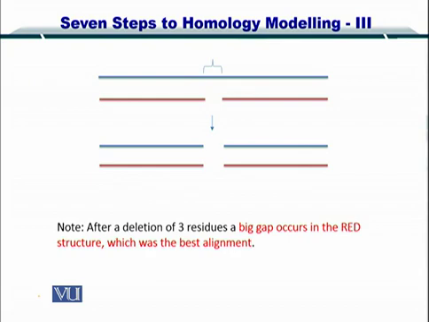So once you have removed the amino acids that were extra, you can see that there is a gap that is here now. So you need to cater for these gaps as well after you have deleted the extra amino acids.